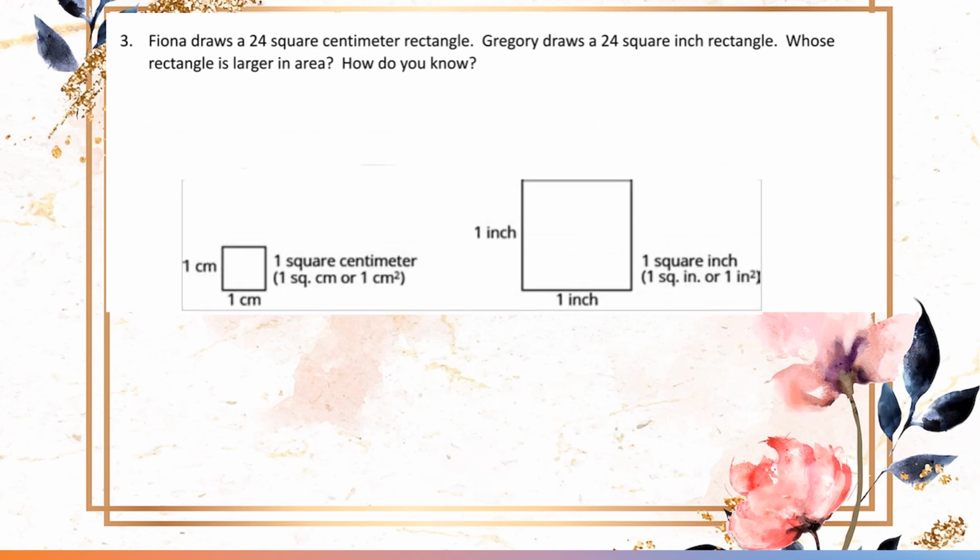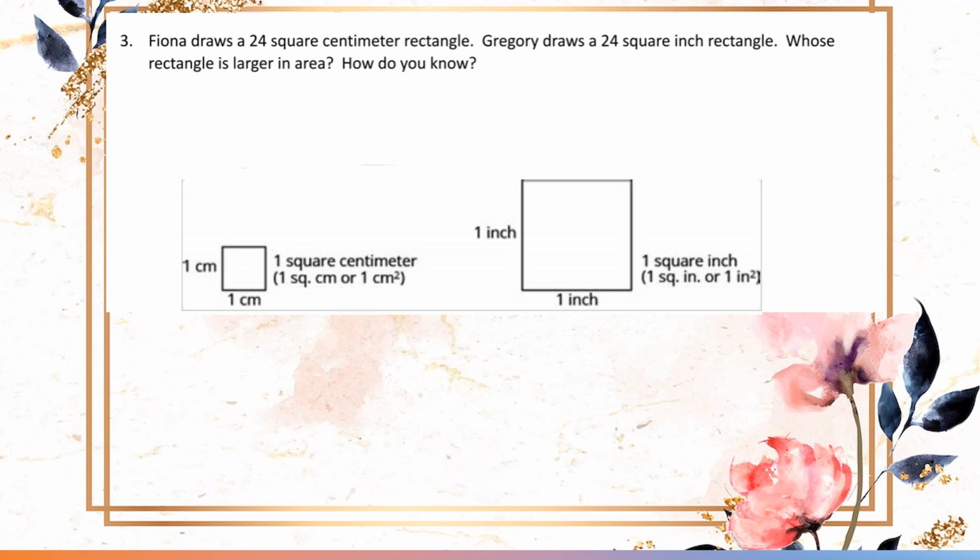Okay, so on the screen right now is a 1 square centimeter unit on one side and a 1 square inch unit on the other side. So now you can really see the difference between a square centimeter and a square inch. Now, Fiona used square centimeters. She used the little one.